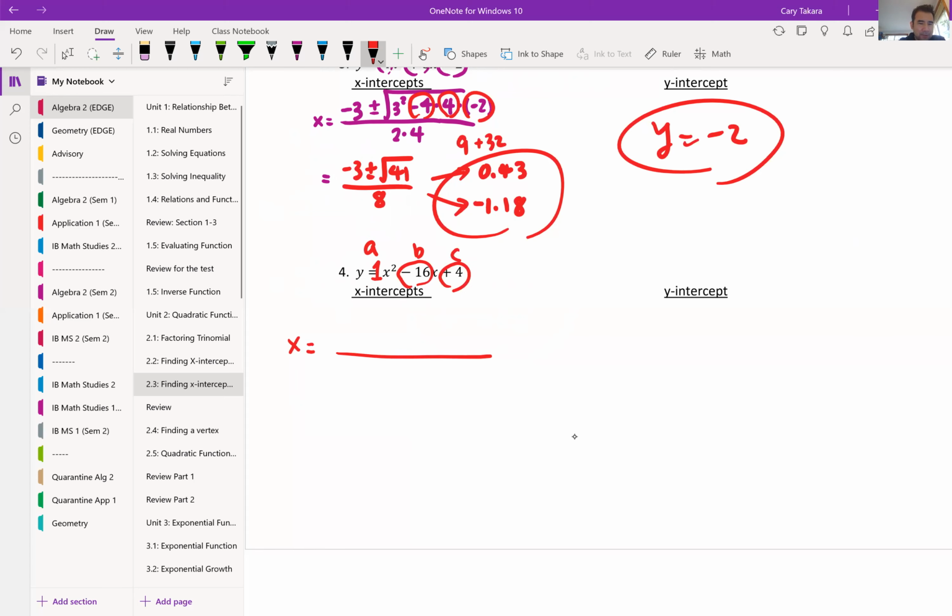Okay, so first entry calls for opposite of B. And since B is negative 16, I'll put positive 16. Okay, so positive 16 plus minus the square root of negative 16 squared minus 4AC, over 2 times 1.